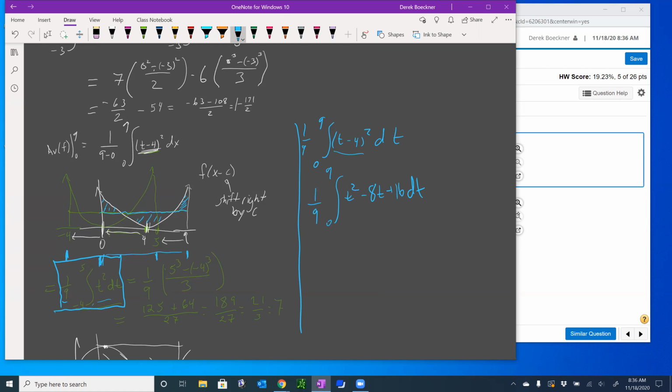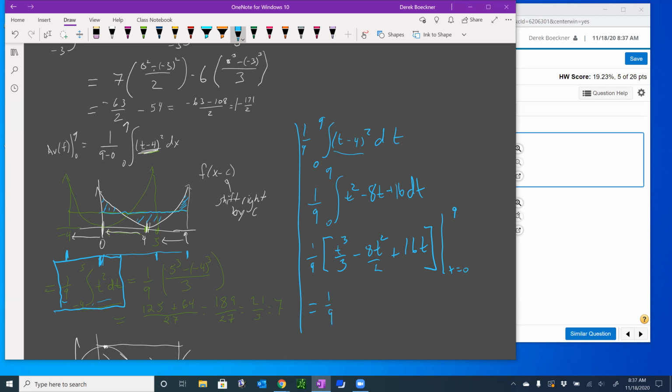So if I find an antiderivative for this, which we didn't have at that point in time, but we have now, so we'll do it with antiderivatives now. An antiderivative is going to be t cubed over 3 minus 8t squared over 2 plus 16t. That'd be my antiderivative for those things. And I'd evaluate it at t equals 0 and t equals 9.